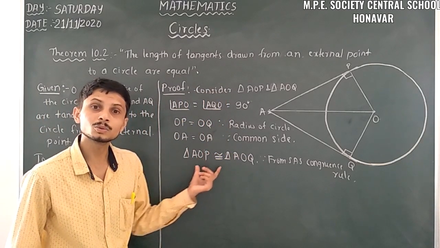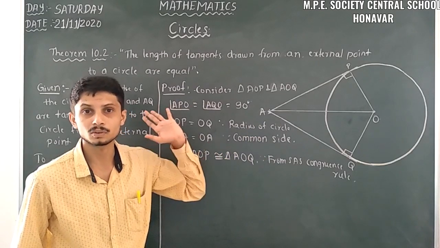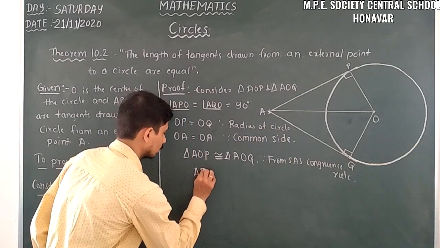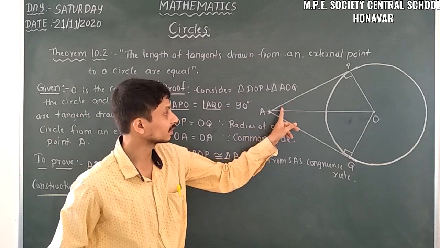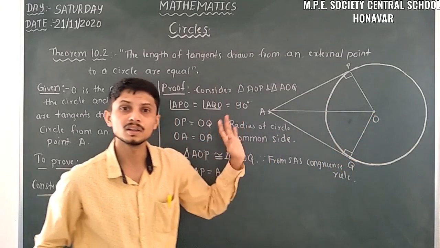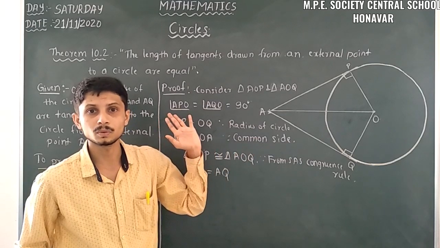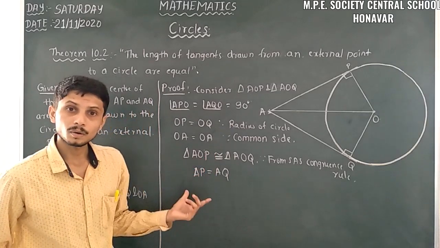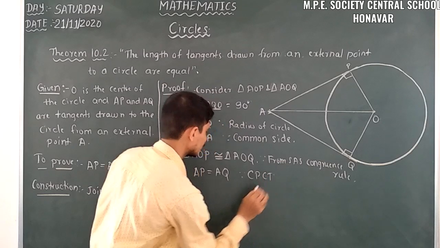When we have two congruent triangles, the corresponding parts of congruent triangles are equal. So we can take AP is equal to AQ. The other angles are also equal, and those are the corresponding parts. So this is one of the methods we can use, by CPCT.